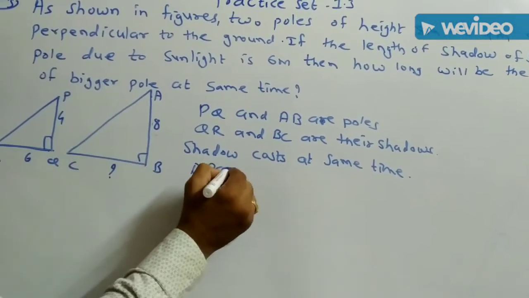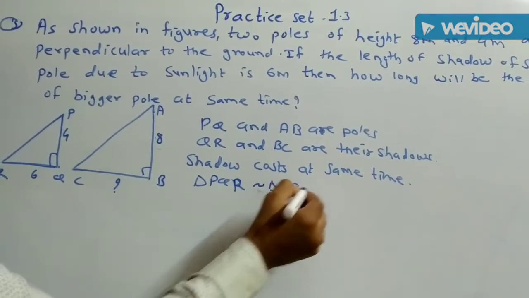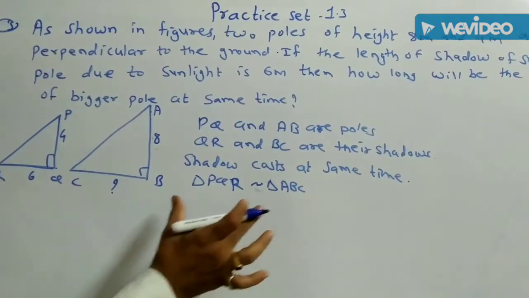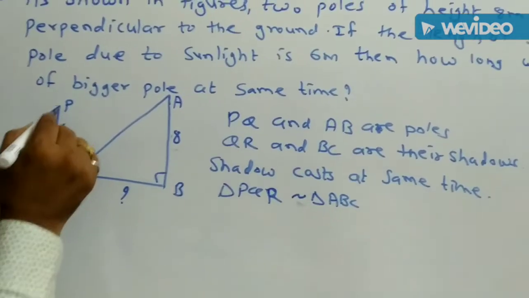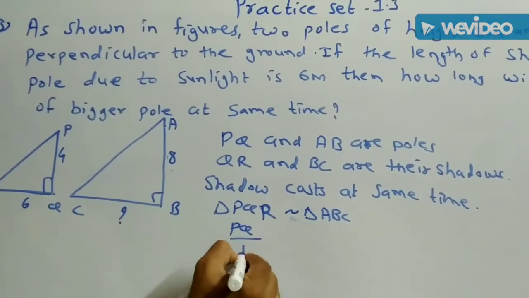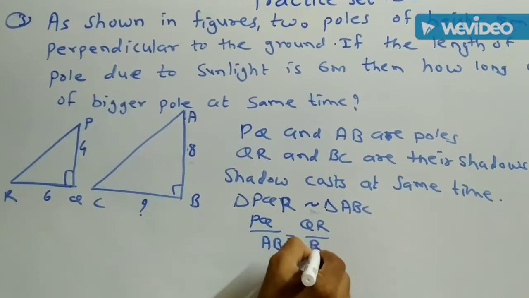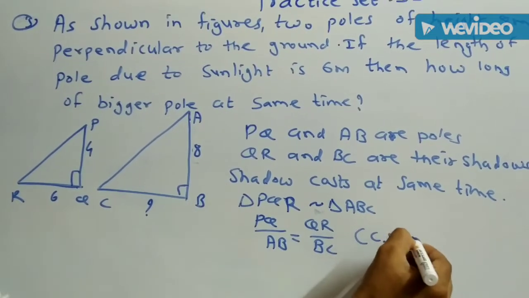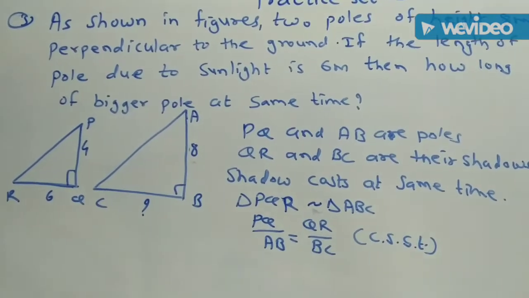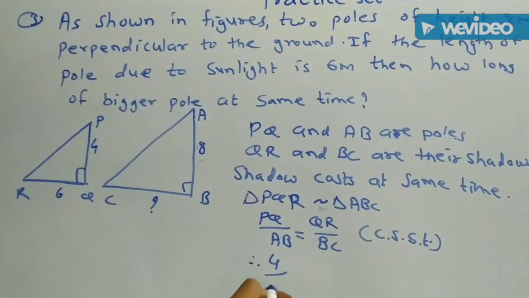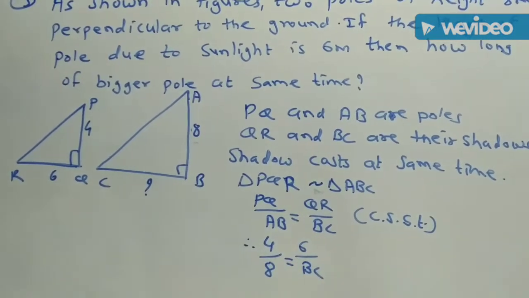Both are perpendicular, therefore triangle PQR and triangle ABC are taken as similar triangles, and if the triangles are similar then their corresponding sides are in proportion, and therefore we can write PQ upon AB is equal to QR upon BC. Now putting the values, PQ is 4, AB is 8, QR is 6, BC we have to find.